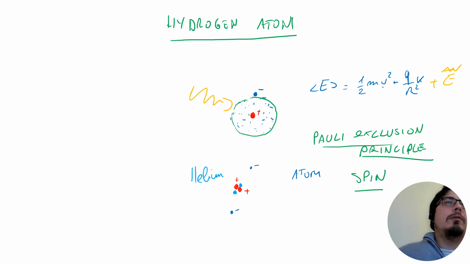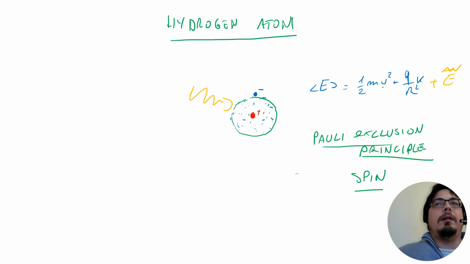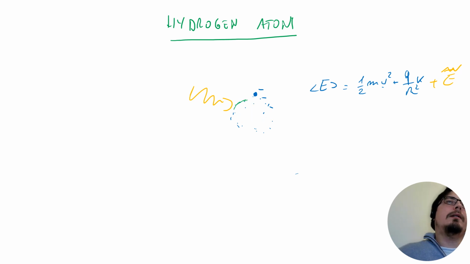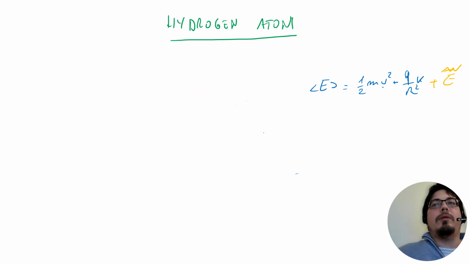Just to remind you of something you might be familiar with from chemistry: when you have many electrons in some configuration, you can have orbitals around the nucleus. Your electron will be moving in different configurations. The first one that we saw was a spherical distribution around the nucleus.